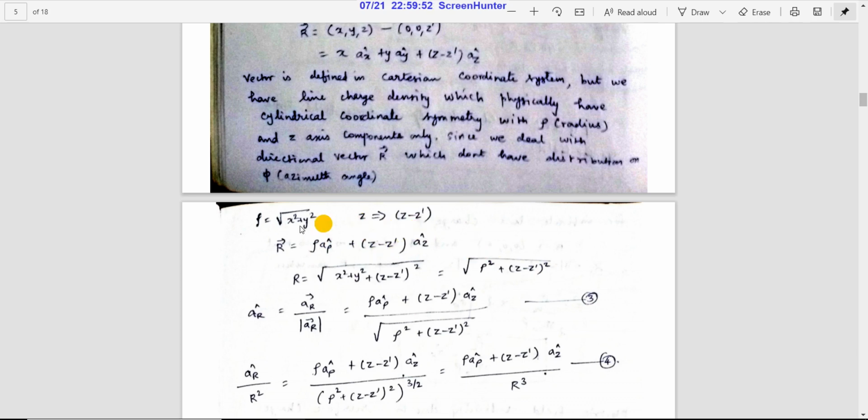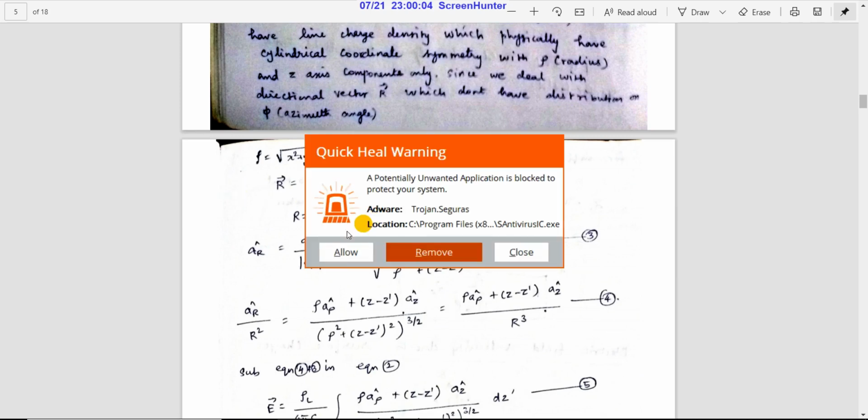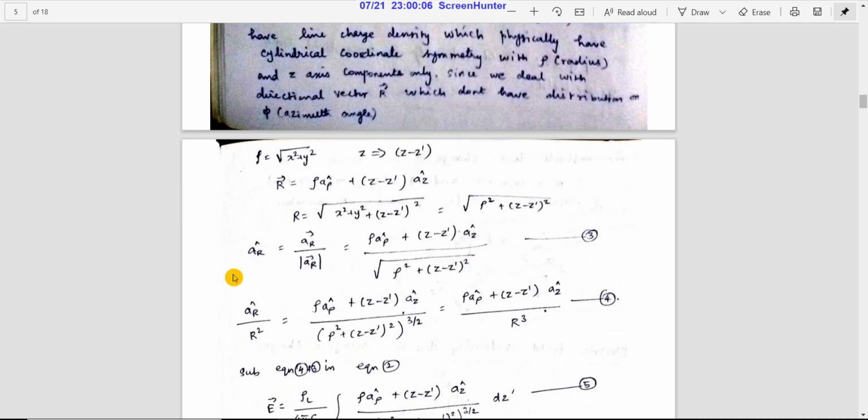So the R vector can be written as rho into a rho cap plus (z minus z dash) az cap. Only if it is in this vector format can we write this R magnitude. So we can also write it reversely. I have written it in this manner.